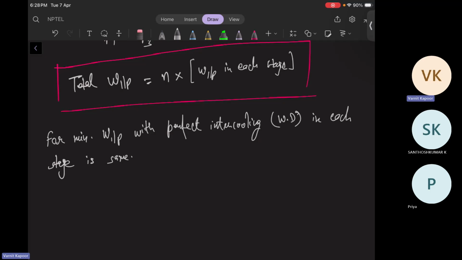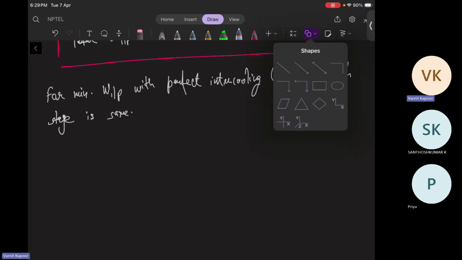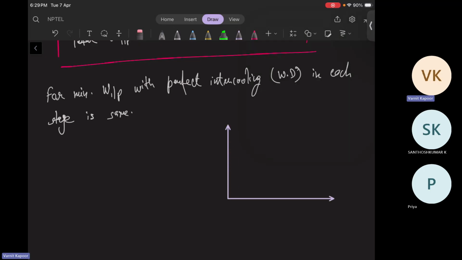Why? From a thermodynamic point of view, in my lectures I have explained that the isothermal work done is lesser. If you plot on PV, for a compression, this is PV raised to power n equal to constant, a polytropic process, and this is PV equal to constant when n is 1, for the isothermal case.